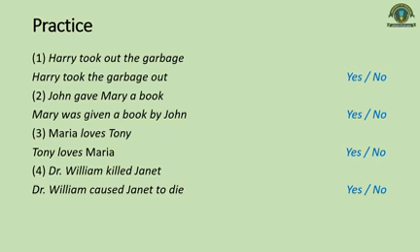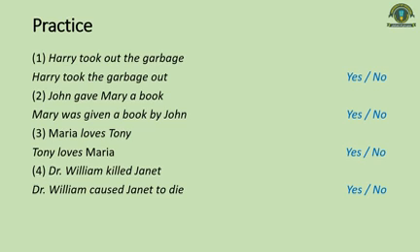Students, now we will do a little bit of practice in this slide. Consider the following pairs of sentences, and in each case say whether there are any circumstances in which one member of the pair could be true, the other false.